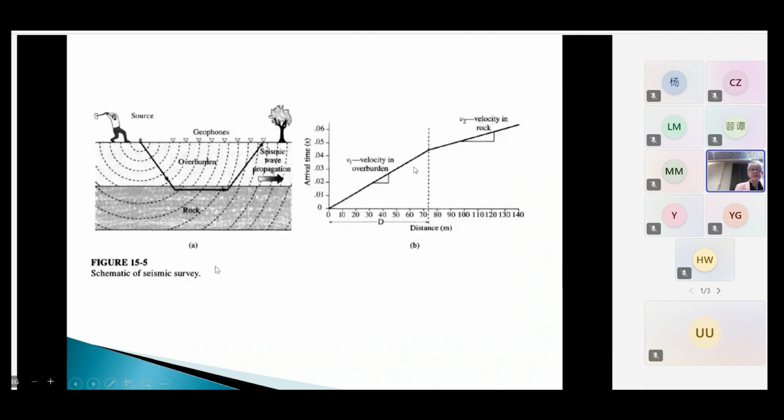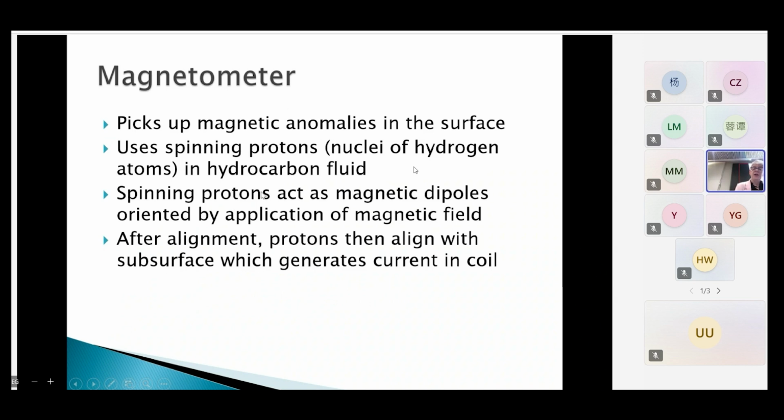Yeah, so this is the seismic one that I mentioned before. You get a velocity, and when you see the change, you get an idea of the distance to the bedrock. You could do magnetometers. This shows various anomalies in the surface as well, and that also can show whether there's some hydrocarbon contamination.